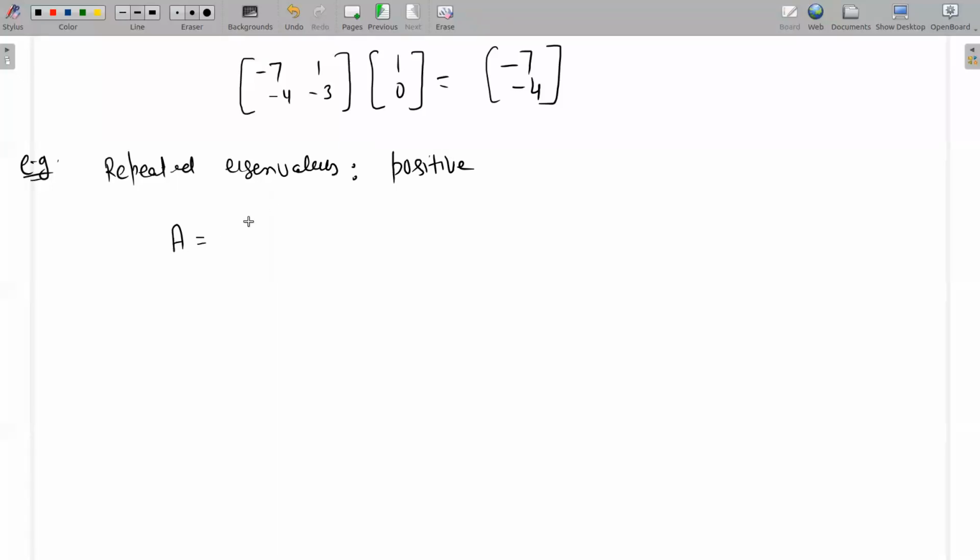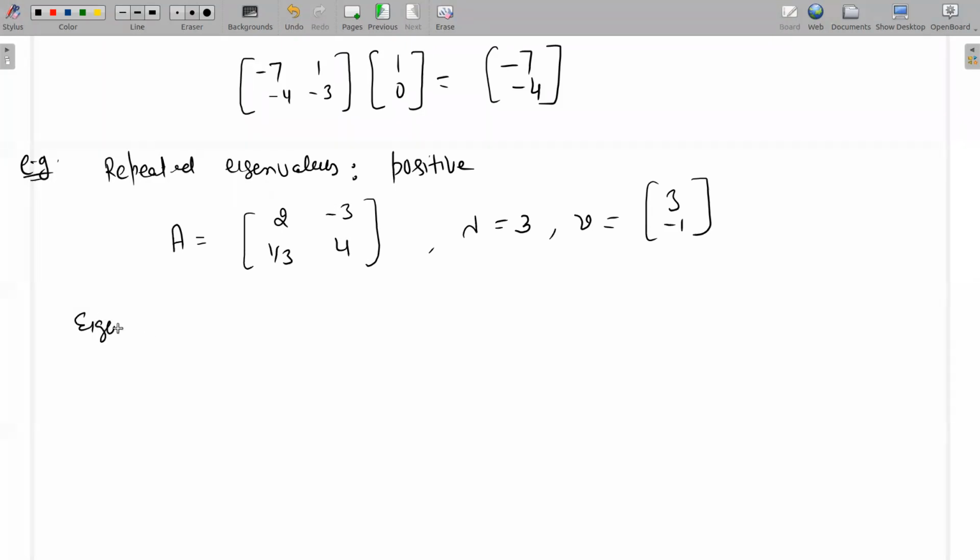Take a matrix A = [2, 1; 3, -3, 4]. Find the eigenvalues, which are 3, 3, repeated, and the eigenvector, which is a multiple of (3, -1).